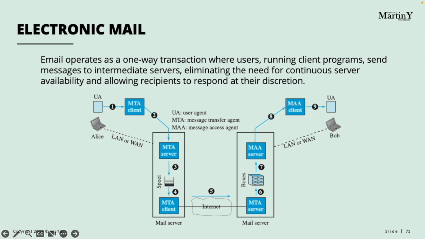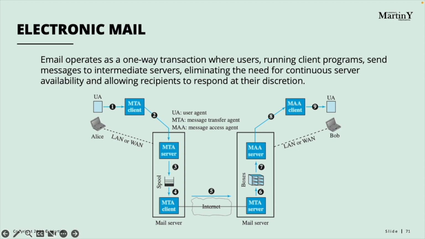So we need 3 client-server processes in order to send emails. And this is really the actual way emails are sent these days. If you have a Gmail, which you do, because everybody has used Gmail, this is exactly how you are going to send and receive your email.